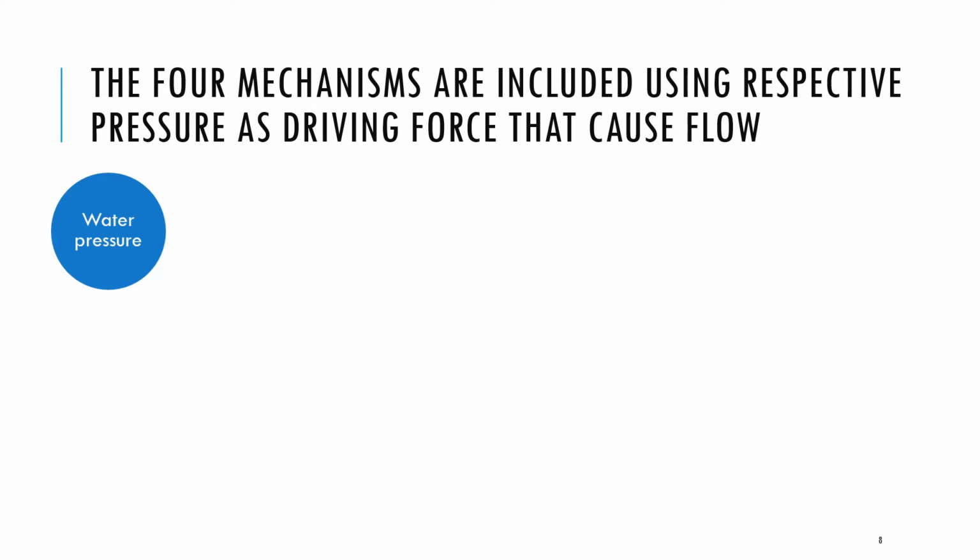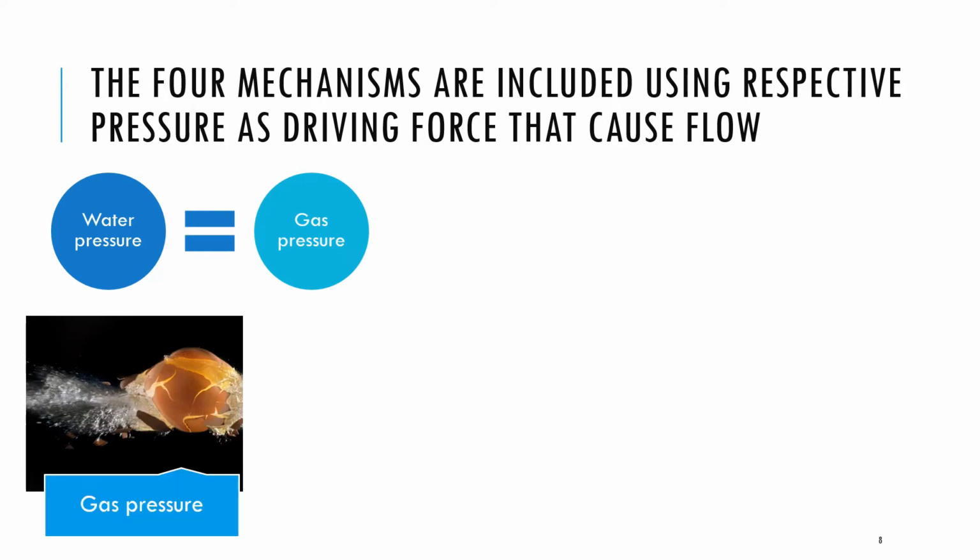So let's look at them closely. So water pressure is equal to gas pressure. Gas pressure is something we're all familiar with. An extreme example would be how an egg would explode in microwave, because the evaporated water inside the egg that generates the pressure cannot get released easily, so it explodes.